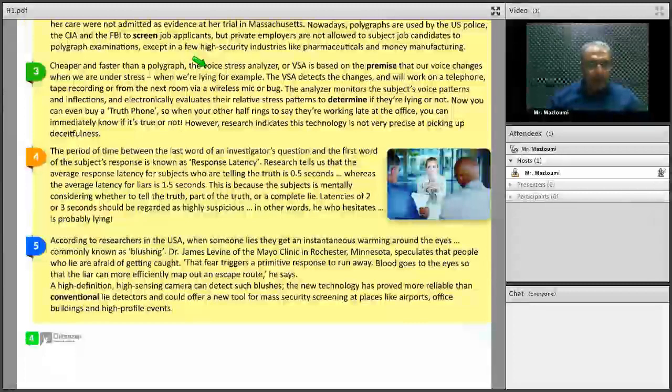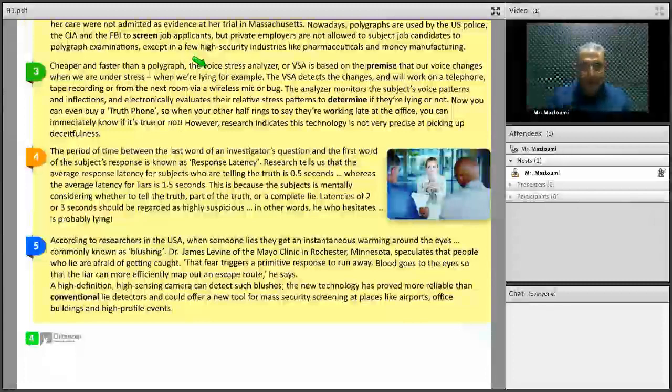Now, you can even buy a truth phone. So nowadays, thanks to technology, you can buy a truth phone. So when your other half rings to say they're working late at the office, so when your other half means your better half, your spouse, your wife or husband, your partner, calls you to say that they are working late at the office.